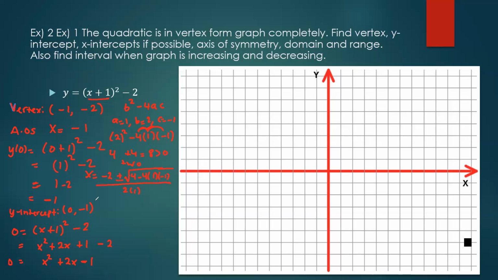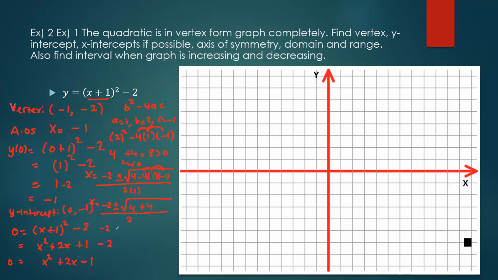So that's -2 plus or minus the root of 4, and -4 times 1 times -1 is +4, all over 2.